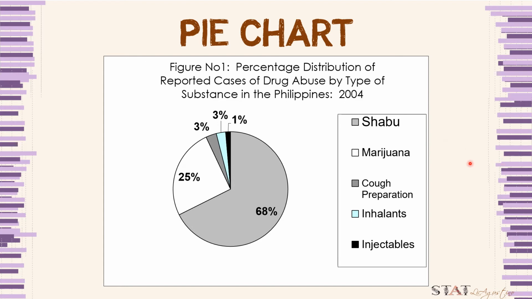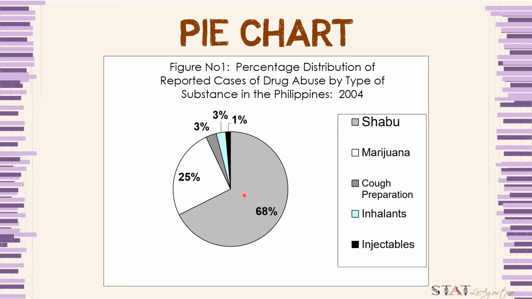From the Philippine Statistics Authority, we have here Figure number 1. This is the heading. And then the title: Percentage Distribution of Reported Cases of Drug Abuse by Type of Substance in the Philippines in 2004. Here we have the legend. In gray, this is shabu.